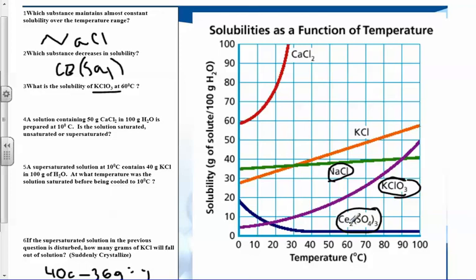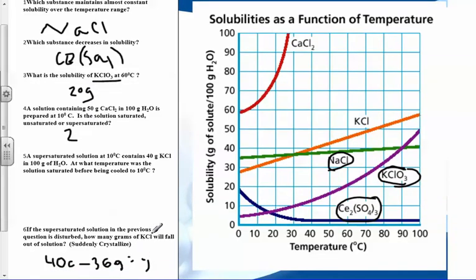And 60 degrees, there it is. At 60 degrees for our potassium chlorate, looks to me like we can get about 20 grams if we heat that up. So 20 grams.